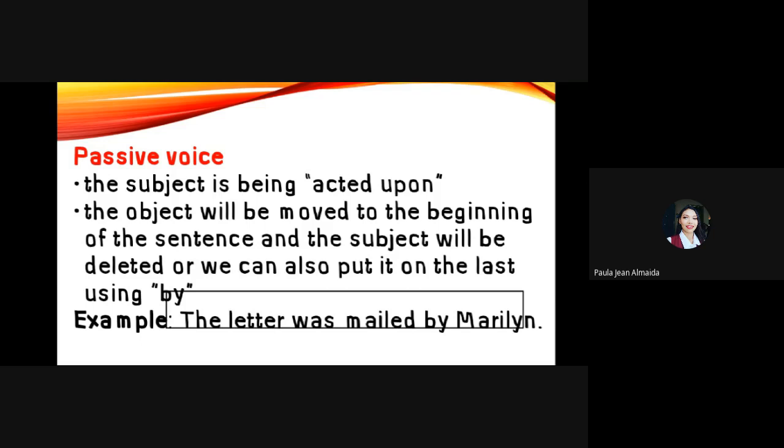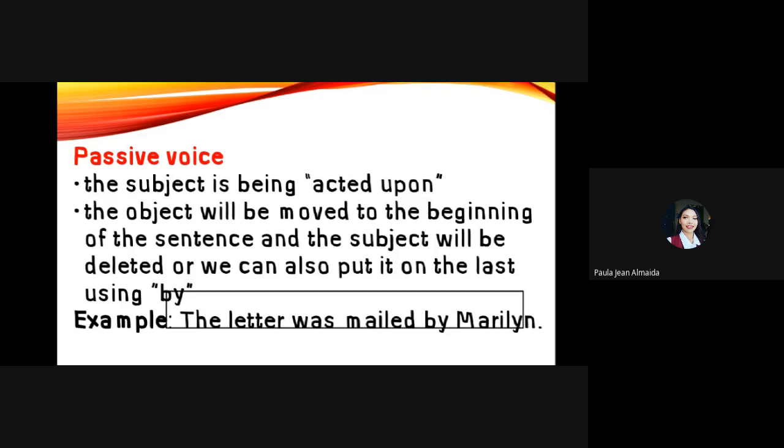Also in passive voice, the object will be moved to the beginning of the sentence, and the subject will be deleted or can also be put last using by. For example, everyone please read. In this example, the direct object from the previous example was already in the place of the subject, which is the letter, and the subject here is being acted upon.